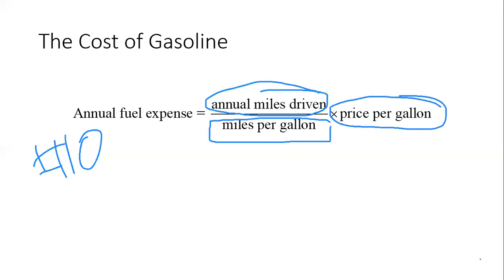Now, the price per gallon can vary throughout the year, but you can pretty much estimate a good average. The annual miles driven you might not know in advance, but you can have a rough estimate of how many you will drive. And miles per gallon is given to you when you go to buy a car.